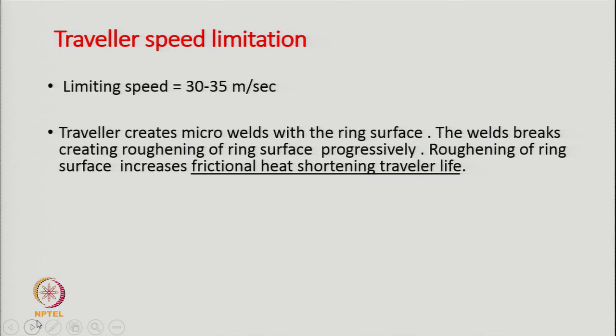Now, what happens? The traveler creates micro welds with the ring surface. As it turns, there is metal to metal friction. The welds break, creating roughening of the ring surface. Roughening of the ring surface increases frictional heat, and therefore the traveler becomes very hot, and that changes the very surface characteristics of the traveler.